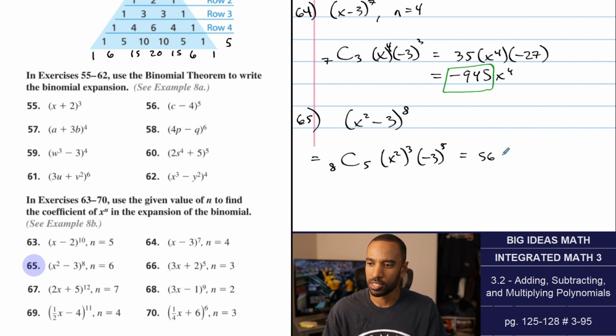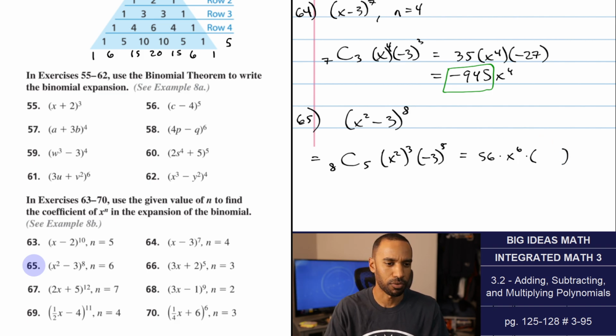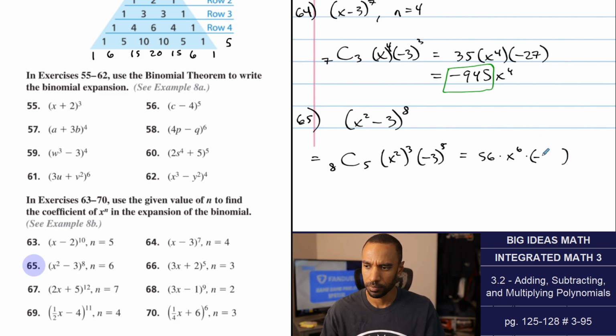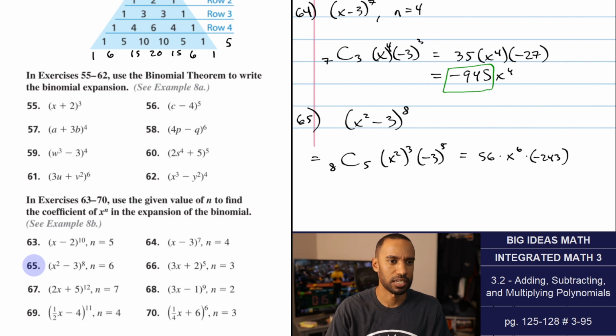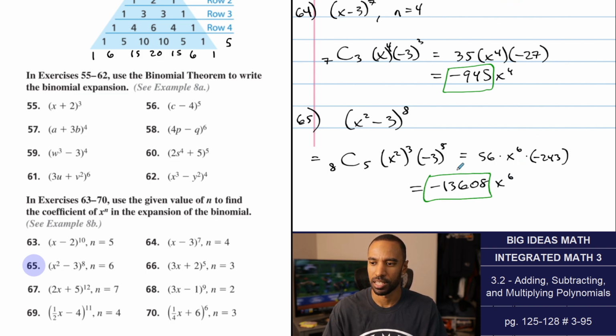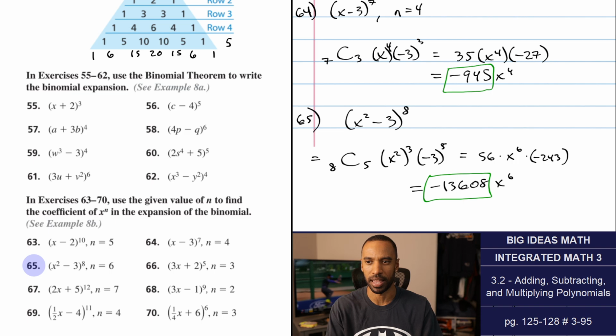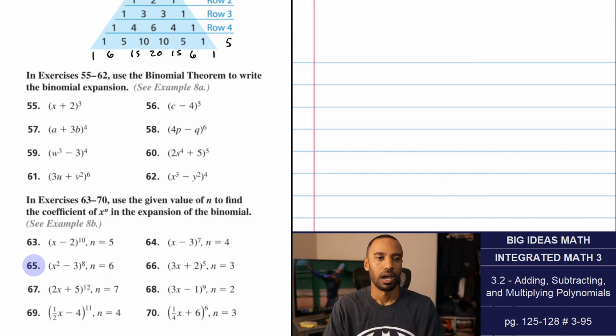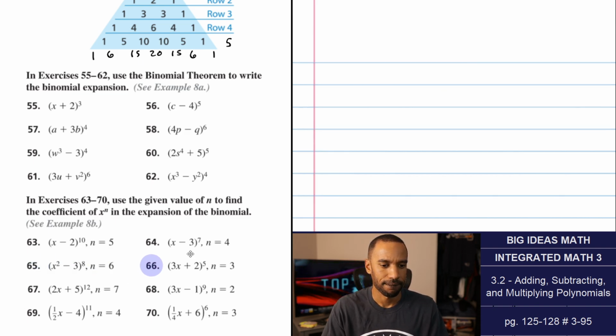We're going to be doing 56 times x to the 6th times negative 3 to the 5th, which is negative 243. So 56 times negative 243 is negative 13,608. So negative 13,608 x to the 6th. The coefficient is that one. Again, they're trying to find the one that matches for that x. That's the number.